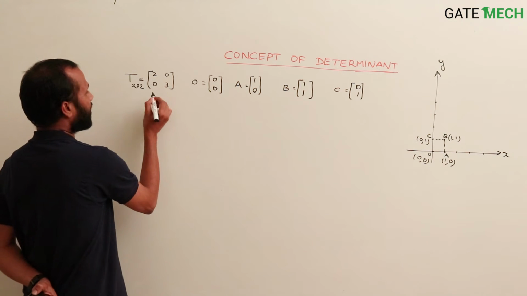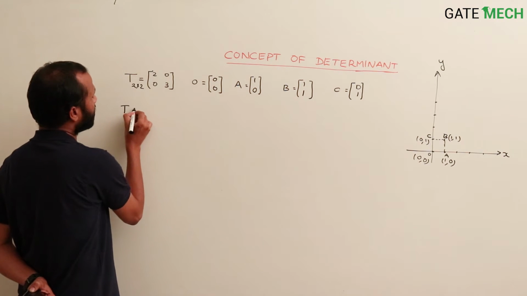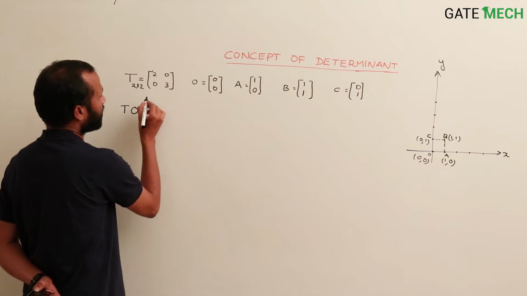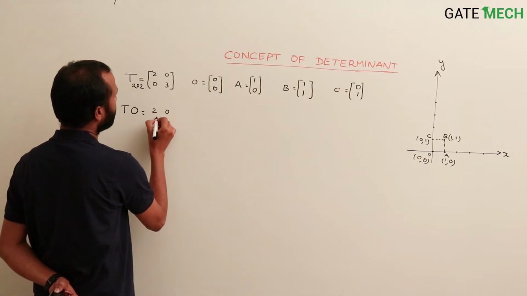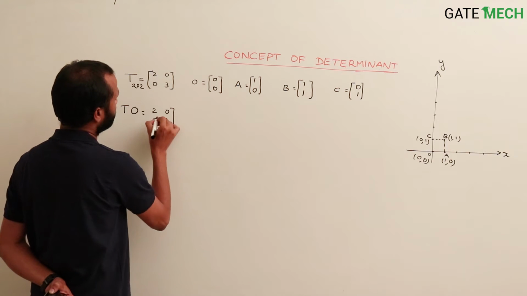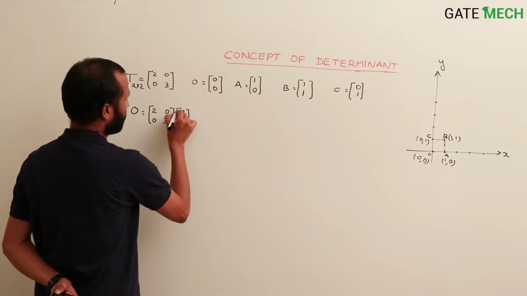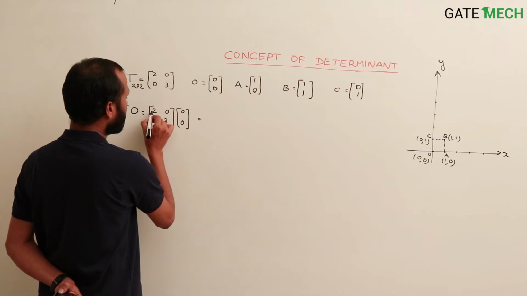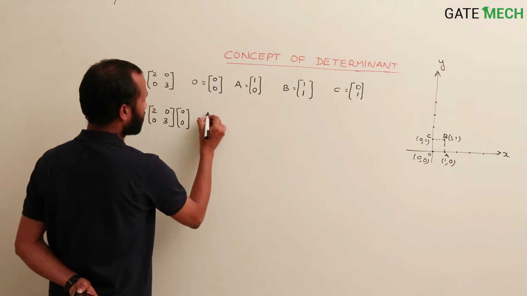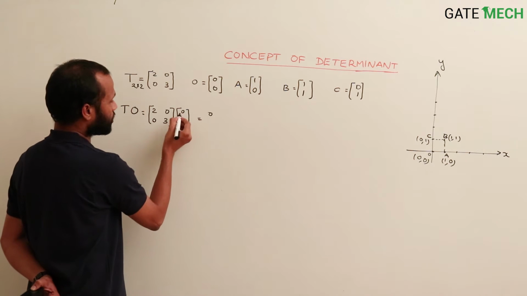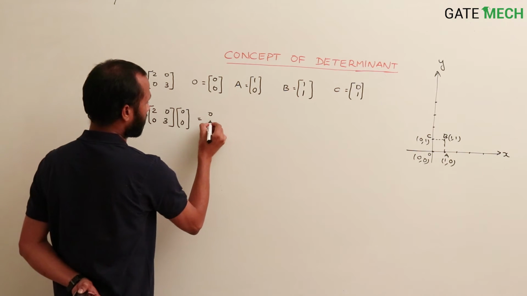Now I'll find the multiplication of T into O. What would be the multiplication of T into O? T is 2, 0, 0, 3, into O. If we find the resultant, it will be 2 into 0 plus 0 into 0, which is 0. 0 into 0 plus 3 into 0, which is 0 again.